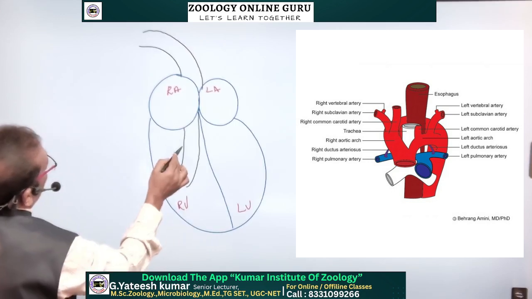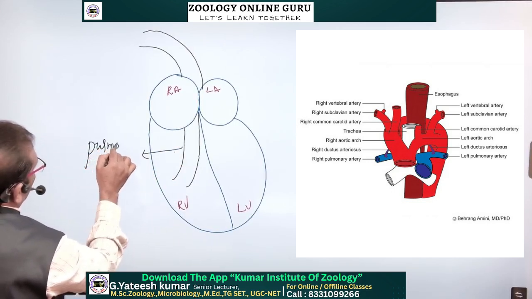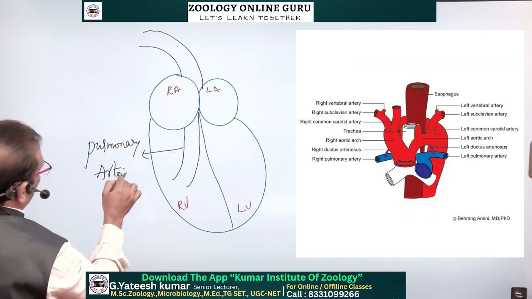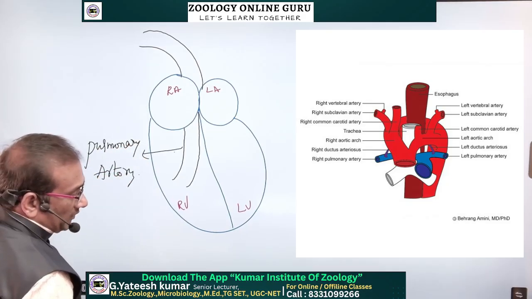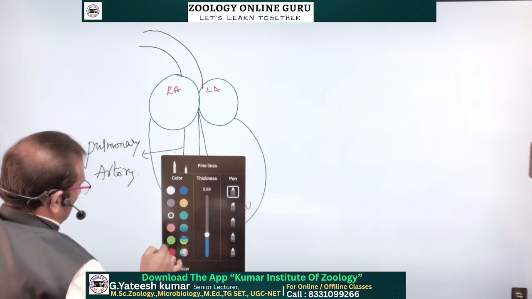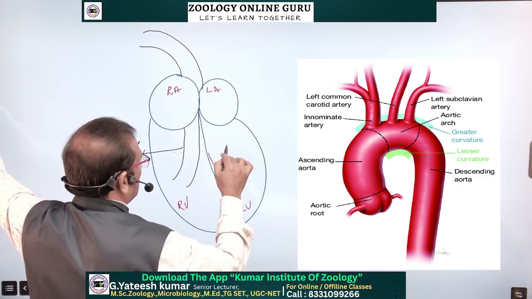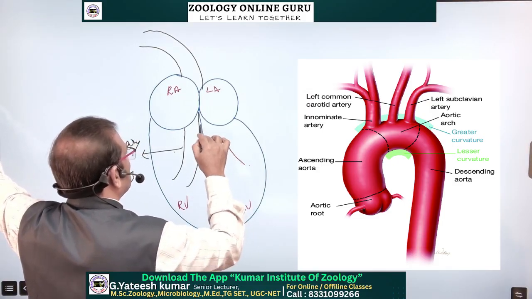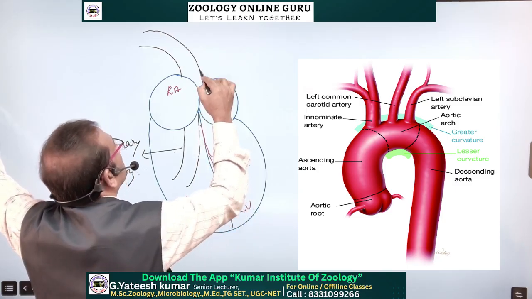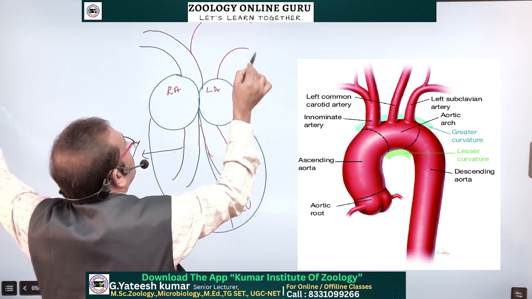This is known as the pulmonary artery. Okay, and from the left side, another larger blood vessel comes outside.